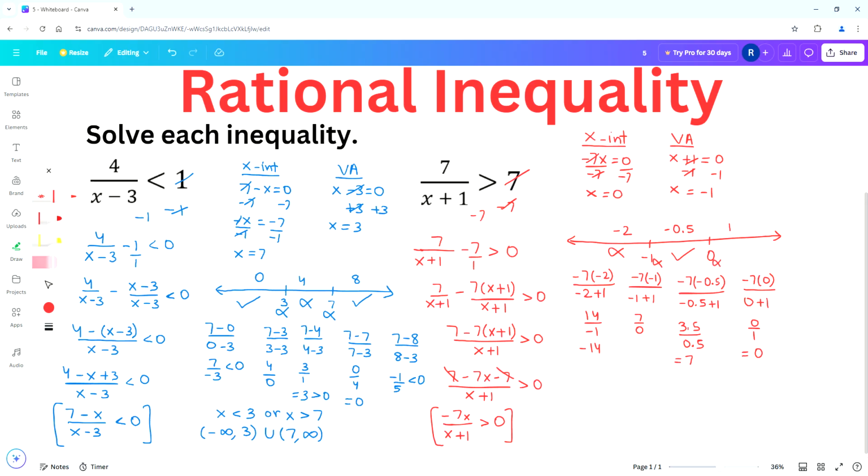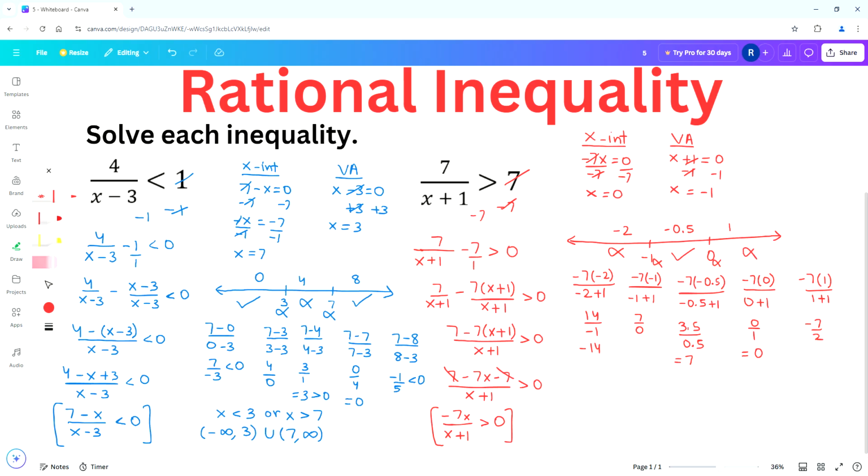Next, we can use the test value x equals 1. I get -7 over 2, which is less than 0. That means the interval on the right side of 0 does not satisfy the inequality.